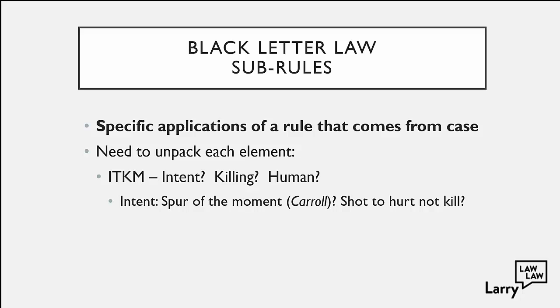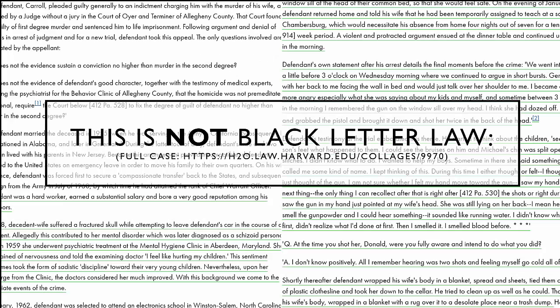For intent, if you didn't make a plan to kill someone, but you decided within a span of 5 seconds because of something someone said or did to kill them and you actually killed them, is that sufficient intent? You went Incredible Hulk for a second, you decided to kill someone. Turns out the answer is yes.